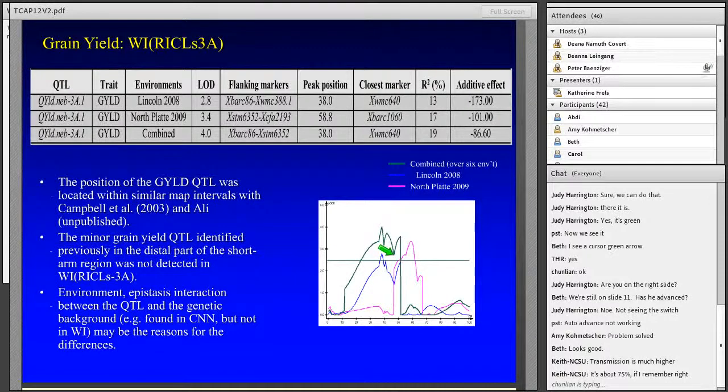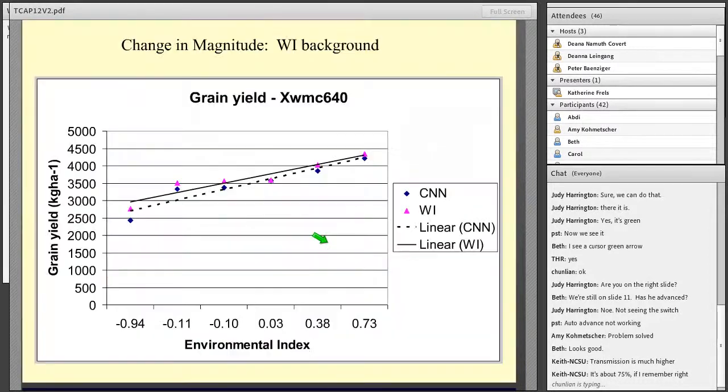The minor QTL, which would have been down here, did not show in this part in the Wichita Rickles. That may just be a lack of power. And the environment, epistatic interaction between the QTL and the genetic background may be some of the reasons for this. You don't necessarily expect everything in Cheyenne to show up in Wichita and vice versa.